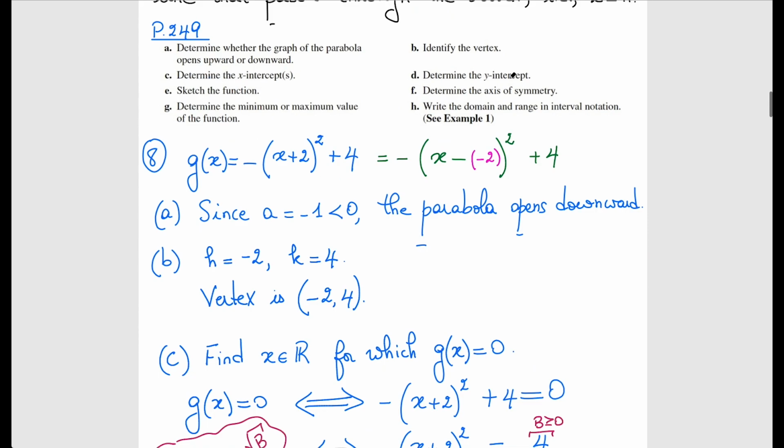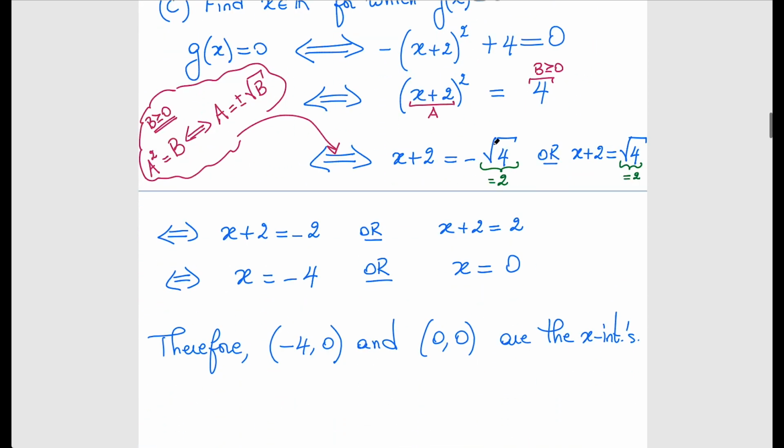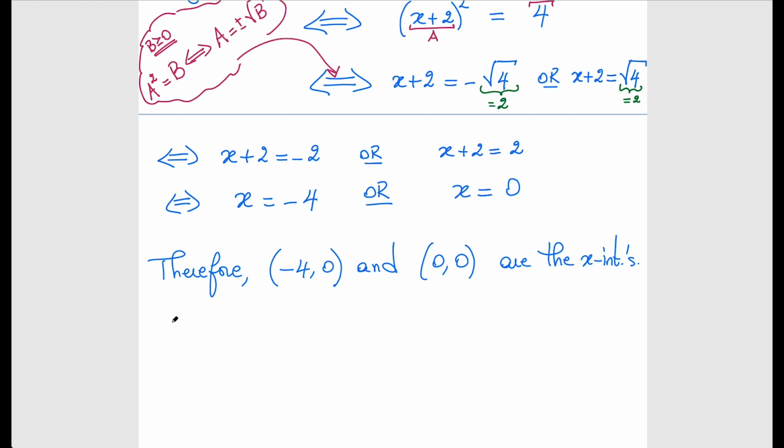D, determine the y-intercept. We know how to handle the y-intercept too, right? The y-intercept is simply where the function crosses the y-axis, which means I'm going to look for g of 0.